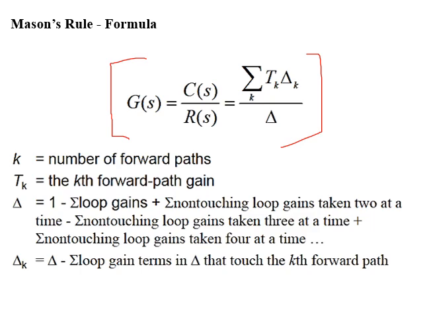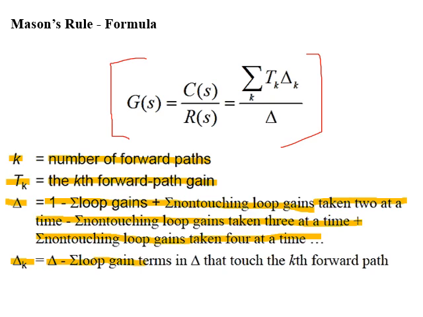Now in this formula, k is equal to the number of forward paths and Tk represents the kth forward path gain, and delta is equal to 1 minus sum of loop gains plus sum of non-touching loop gains taken 2 at a time minus sum of non-touching loop gains taken 3 at a time plus sum of non-touching loop gains taken 4 at a time, and so on.